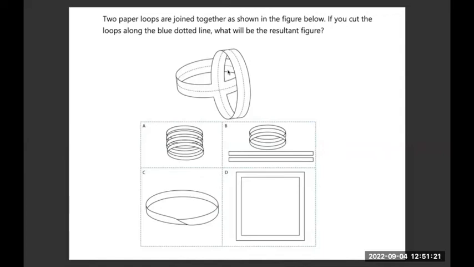A, B, C, D. Only one answer is correct here. And I'll tell you what to look for. The clue here is this patch. I have marked something in red here. That is your clue for finding the correct answer. And also this one.